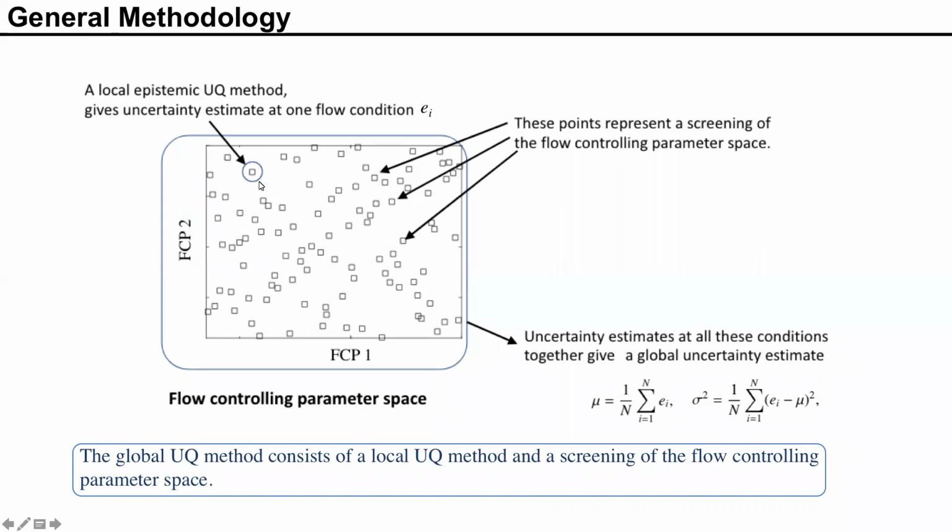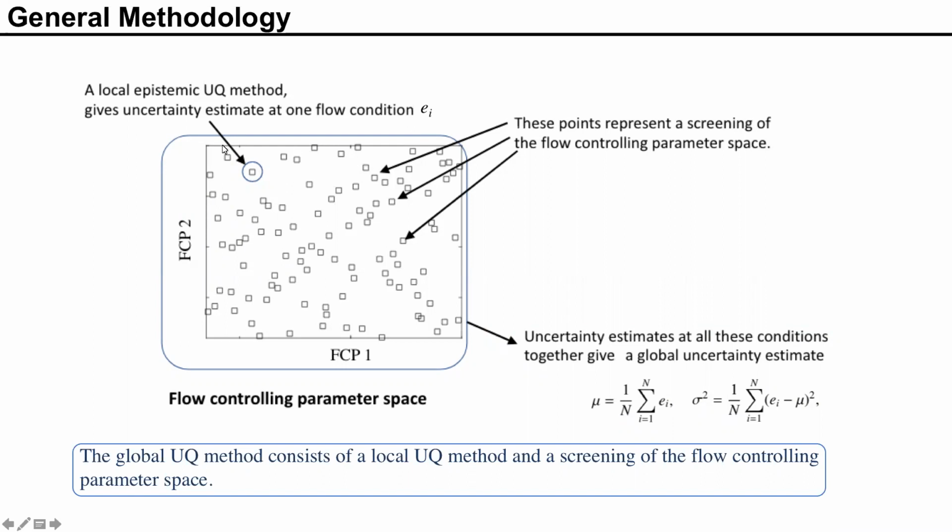A point in the flow space represents a flow. And we can apply a local epistemic UQ method, which will give us uncertainty estimates at this one condition. And we are going to denote that uncertainty or that sensitivity as EI. So let's remember this notation here.